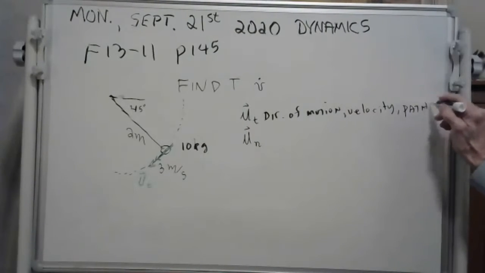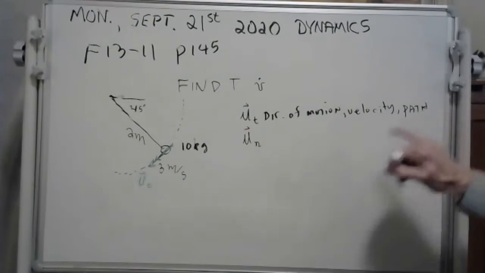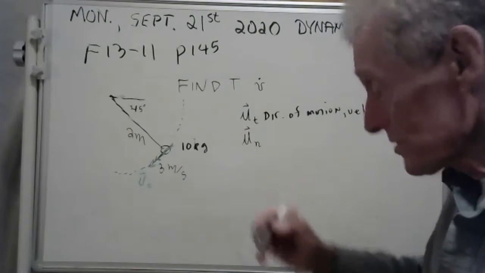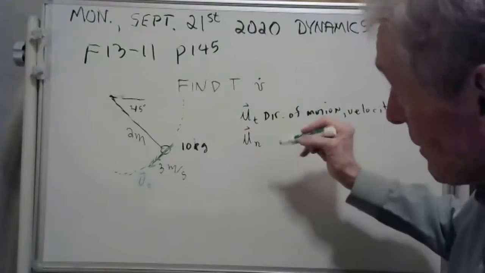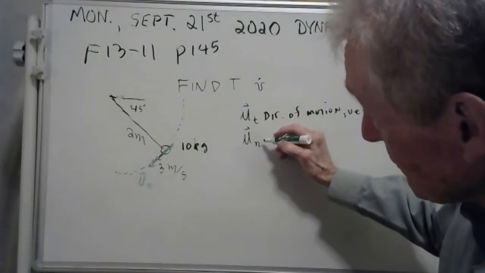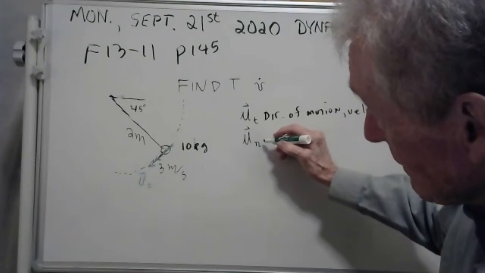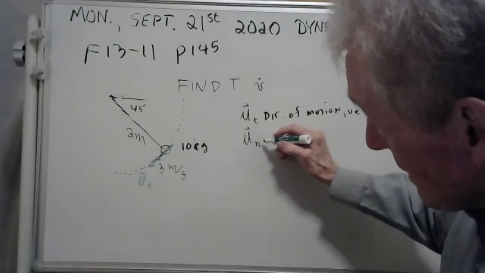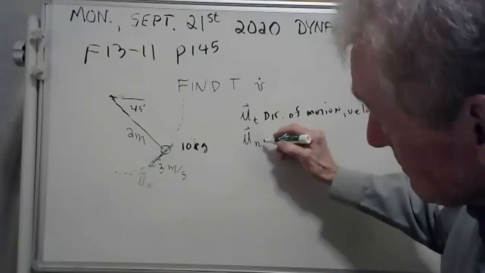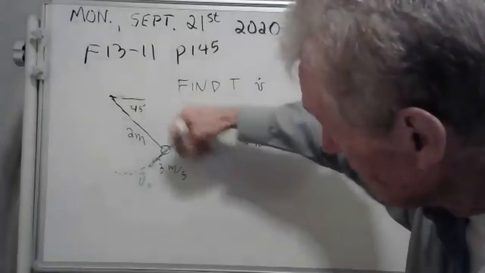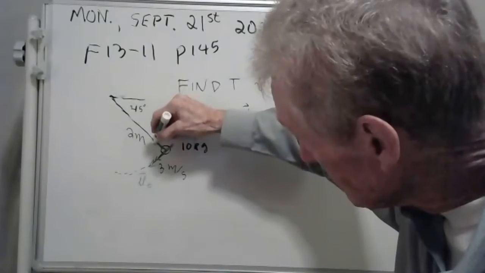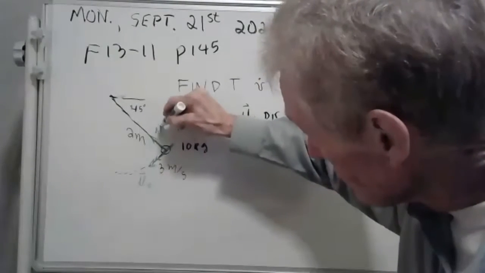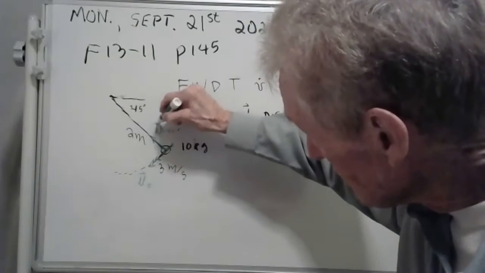Good going, William. Now, as long as I've got William, I need the direction of the normal unit vector. Help me on this, William. Where does it go? That'll be perpendicular to the tangential unit vector. Yeah. But which way is it going? Up or down? Oh, back towards the center. Yeah. There it is. There's the normal unit vector.